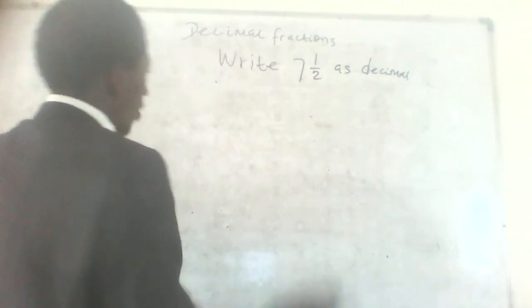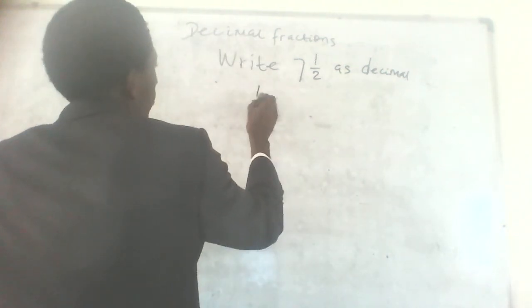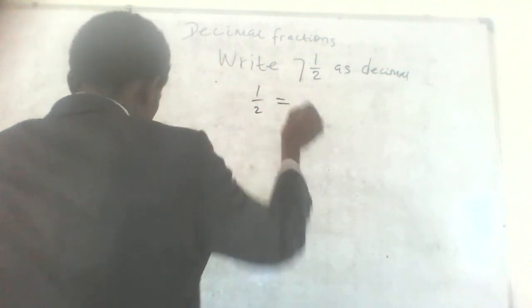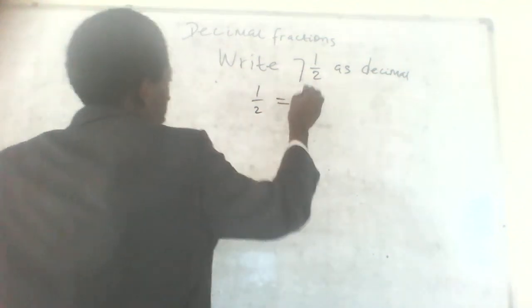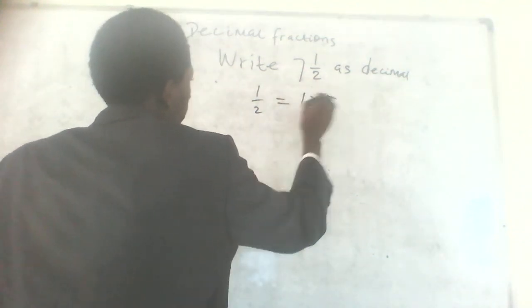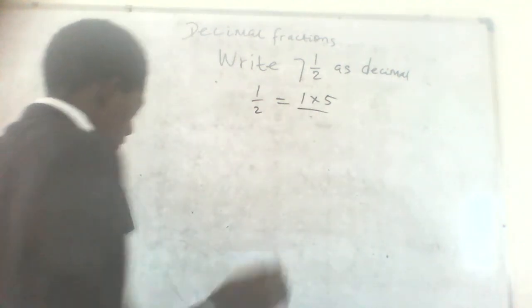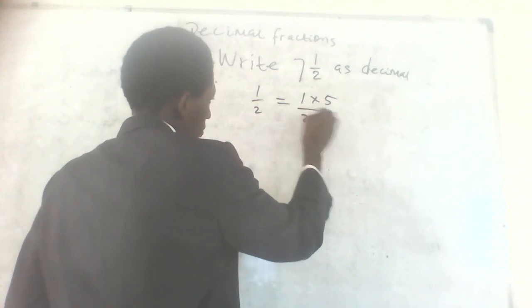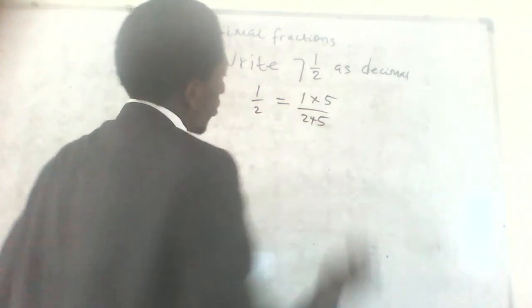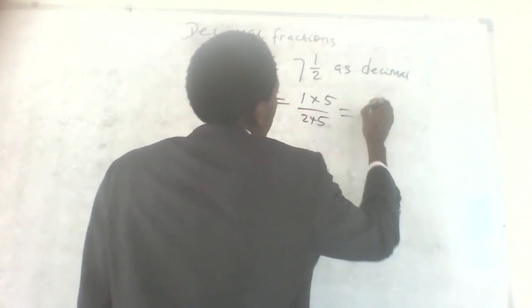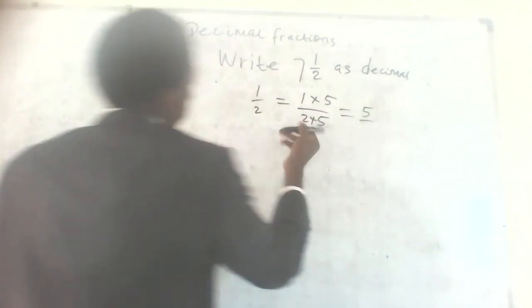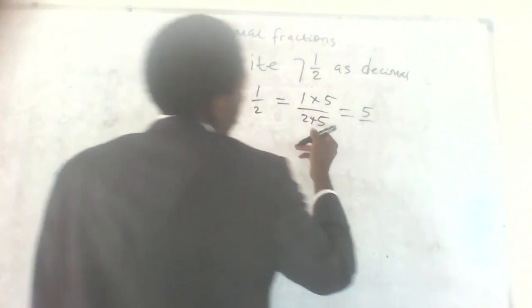Let's say I can say 1/2 is equals to 1 times 5 over 2 times 5. So if I do this, 1 times 5 is 5, and of course 2 times 5 is 10.